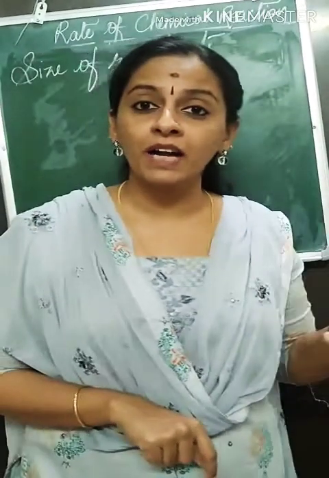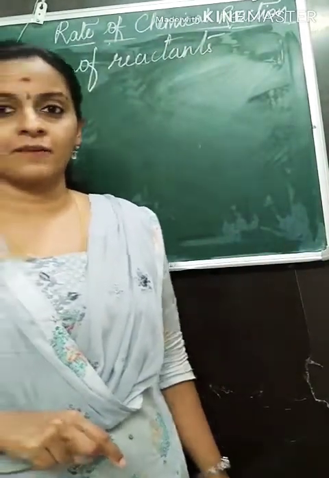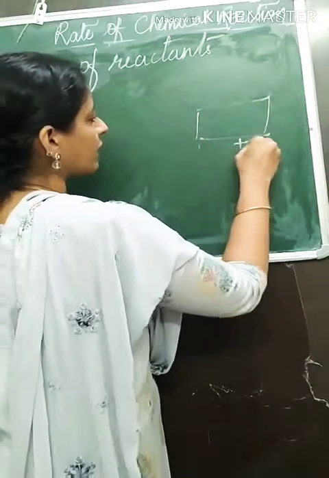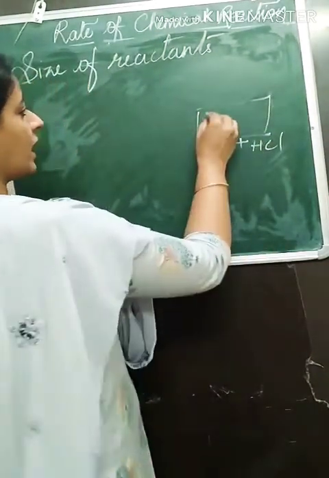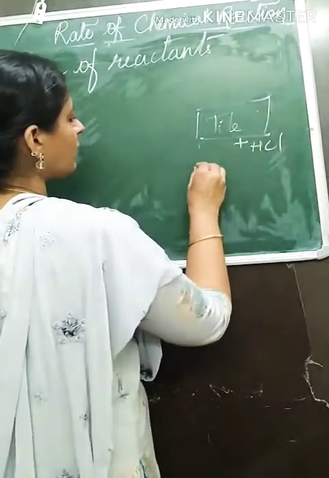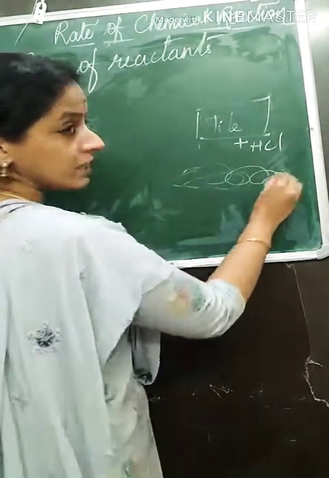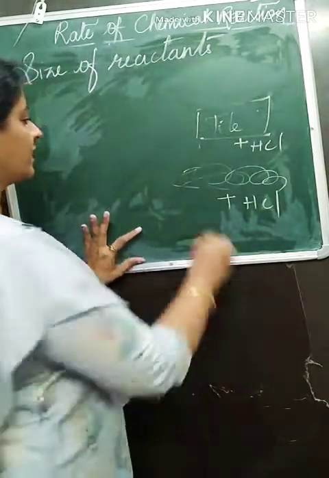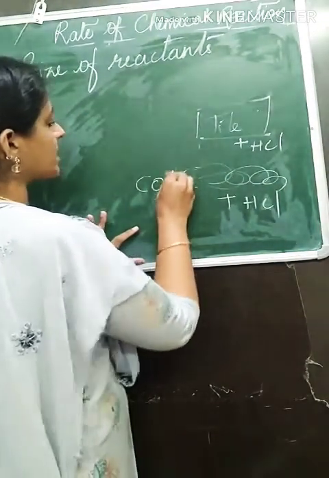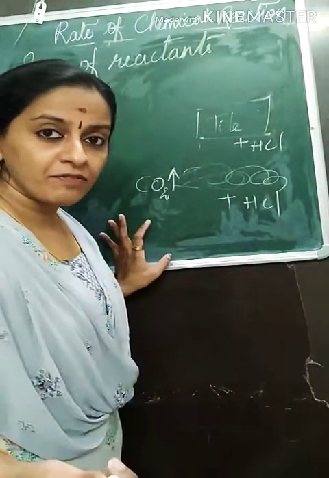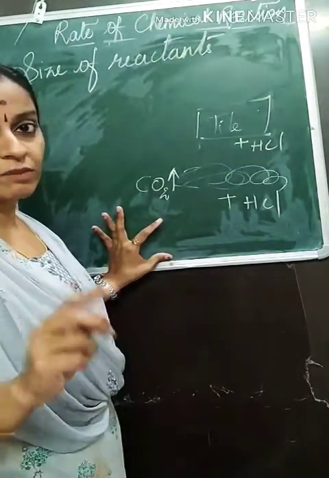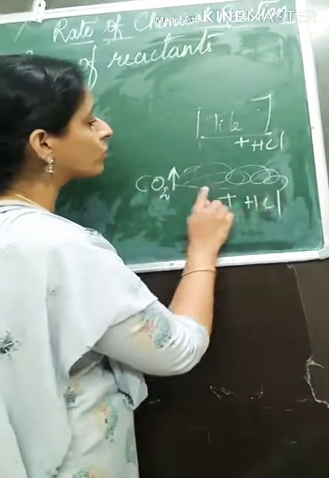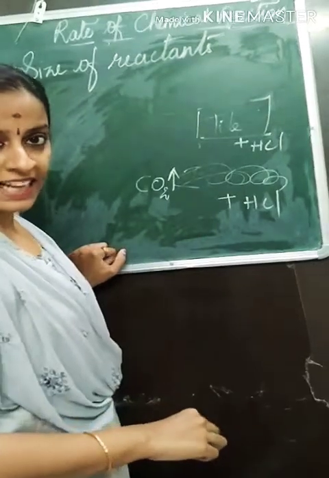We'll talk about Chabat tile reacting with HCl. If you take pieces of tile reacting with HCl, and at the same time you make the powdered tile react with HCl, you will see that the carbon dioxide gas evolved will be at a faster rate, or the reaction will be faster in the second reaction where you have used powdered Chabat tile.